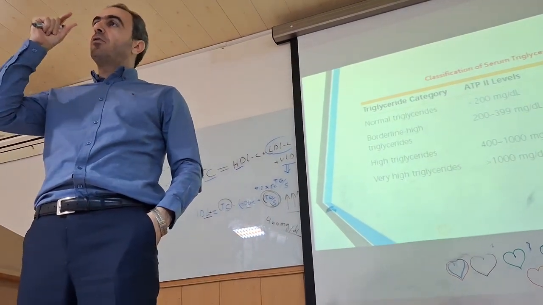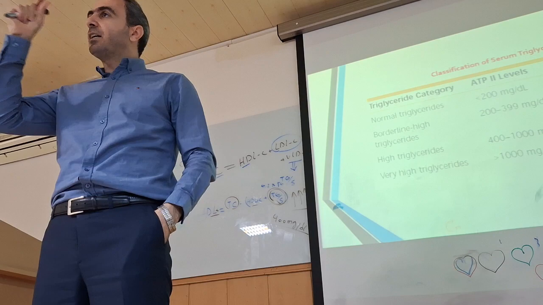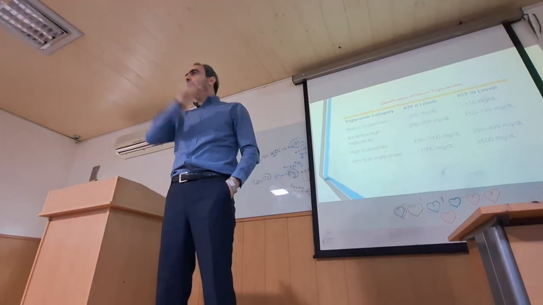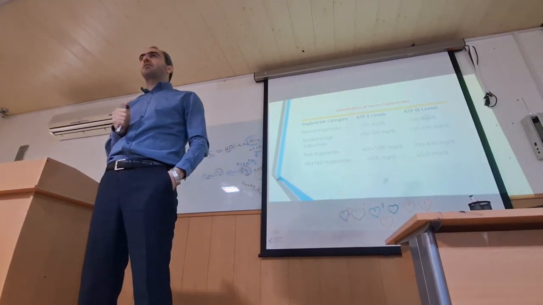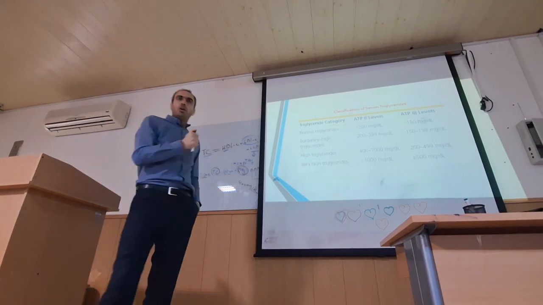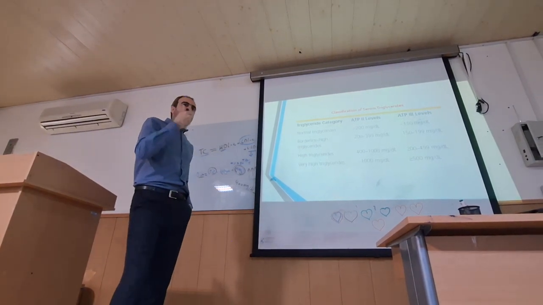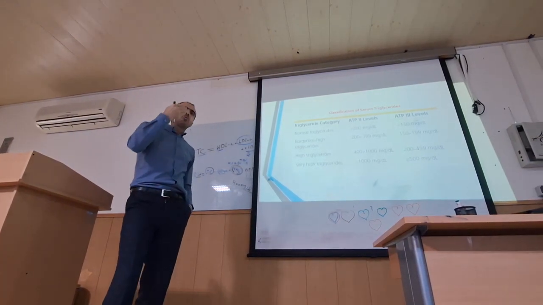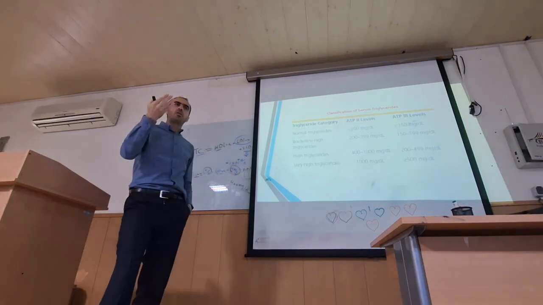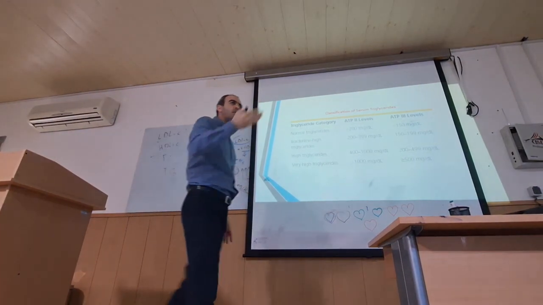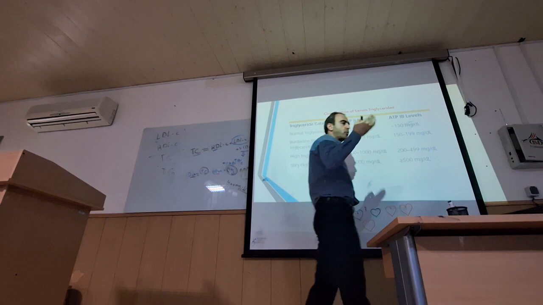If you look at the serum, you can see it contains lipids. For cholesterol, we cannot see amounts more than 300 or 400. But for triglyceride, it can be 1000 to 2000 and more.